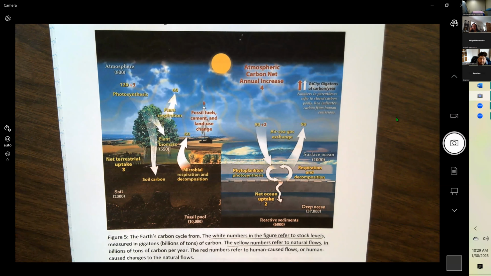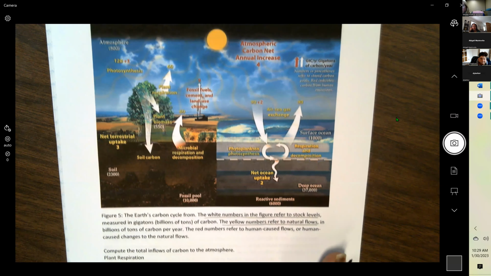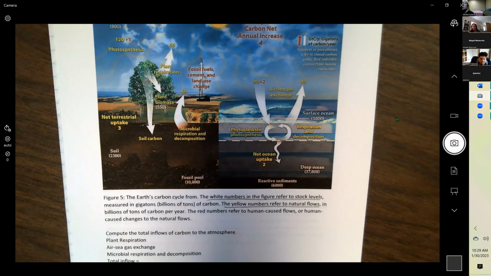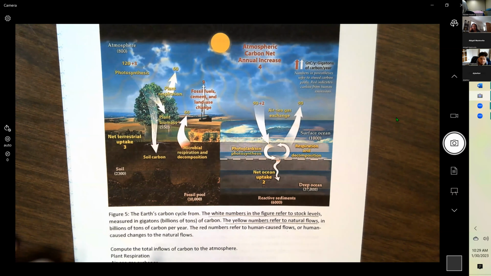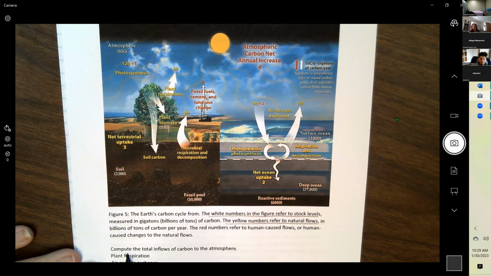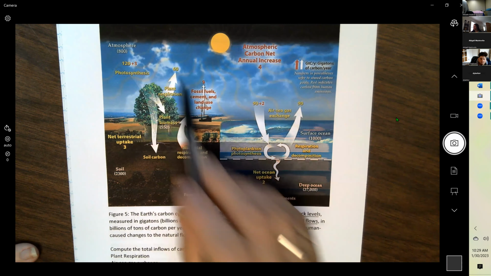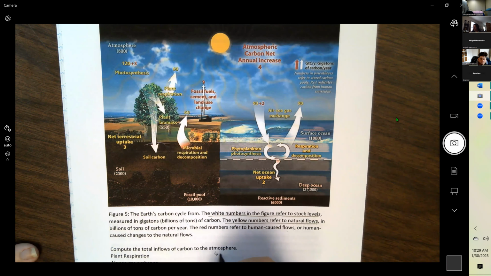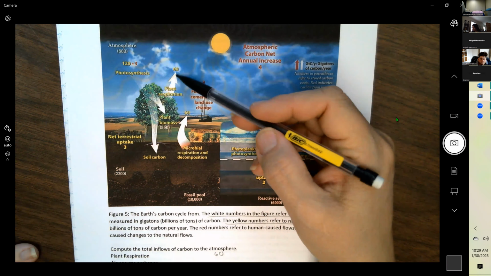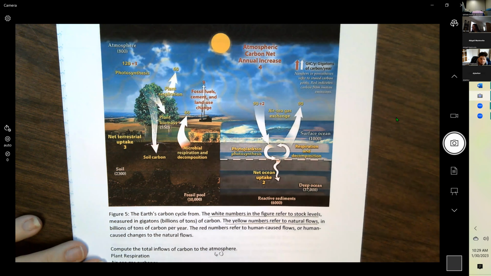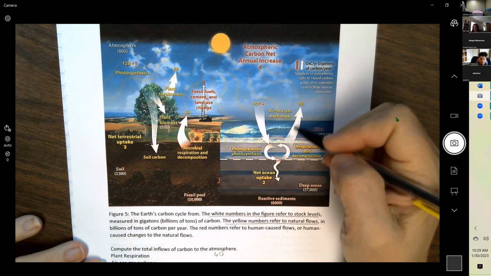If we wanted to compute the total inflow of carbon to the atmosphere, these three cases are the inflow. So plant respiration right here is 60. The air-sea gas exchange right here is 90.